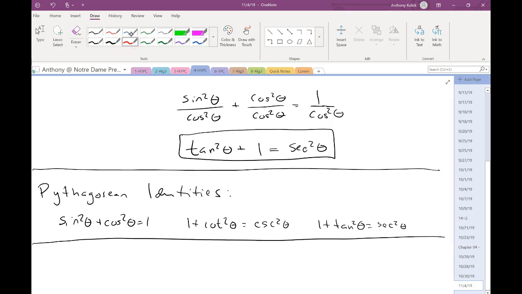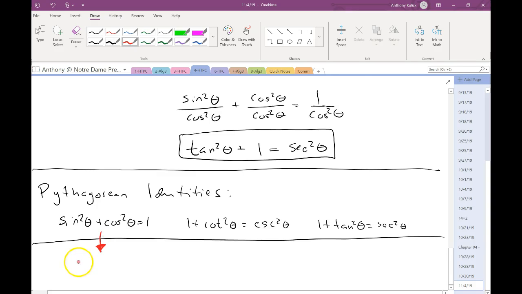Now, these three identities are a little bit different than the other ones that we've looked at so far because these involve addition and subtraction. The other ones involve really only like division, basically.